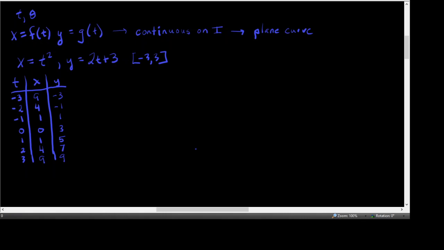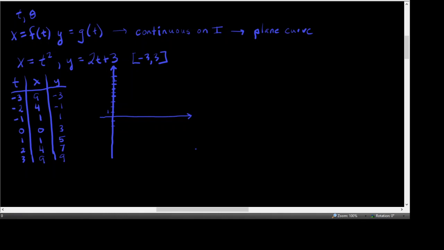So, let's set up our axes. Notice that the x values that we're going to be graphing have a low value of 0 and a high value of 9. So I'm intentionally giving myself lots of room in the positive x direction. Notice that the y's have a low value of -3 and a high of 9. So I'm going to have to sort of squeeze things in here. And -3.